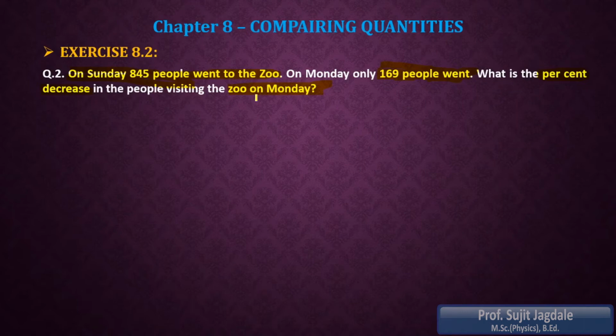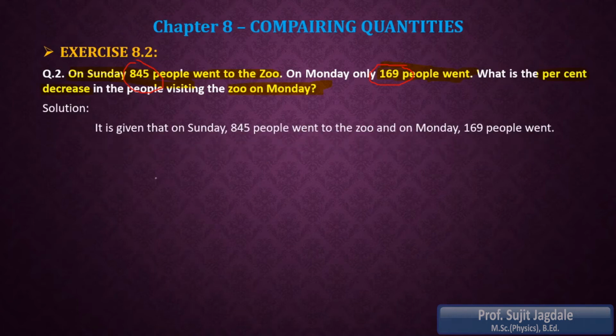For that purpose we should first calculate exactly how many people were decreased. We have two numbers. The first number is the people visiting on Sunday, and the second number is the people visiting on Monday. Just subtract the value of Monday from Sunday, then we get the number of people who decreased. So the decrease in number of people is 845 minus 169.